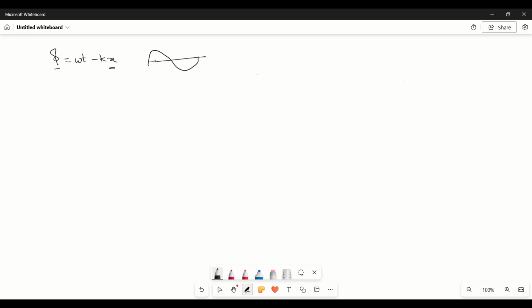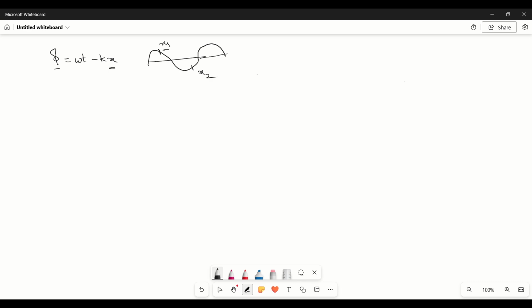Let us consider two different points, x1 at this location and x2 at this location. Now we are going to represent the path difference between these two points.